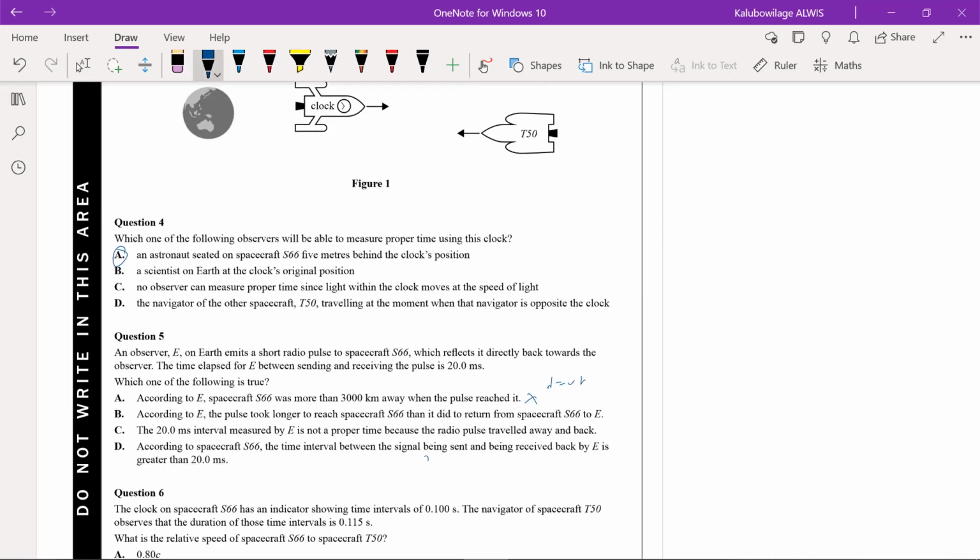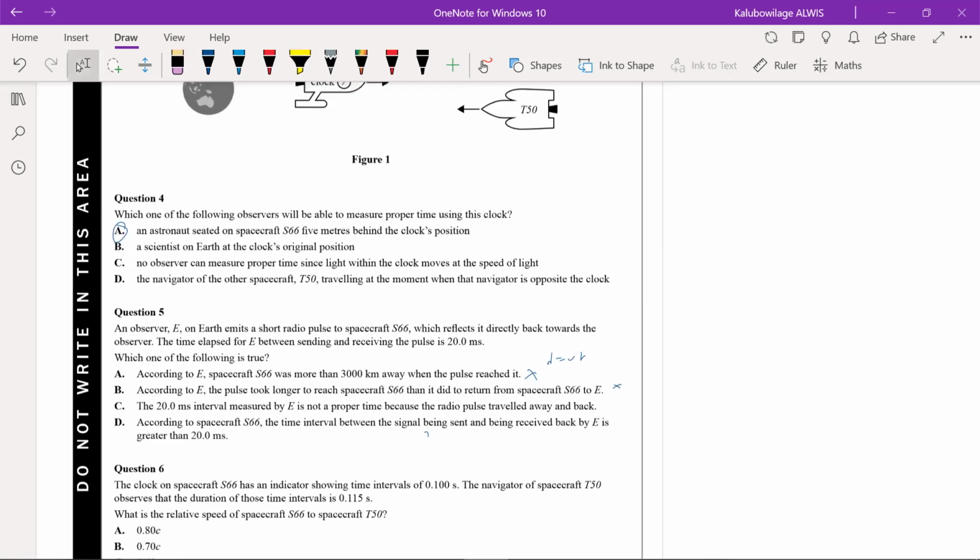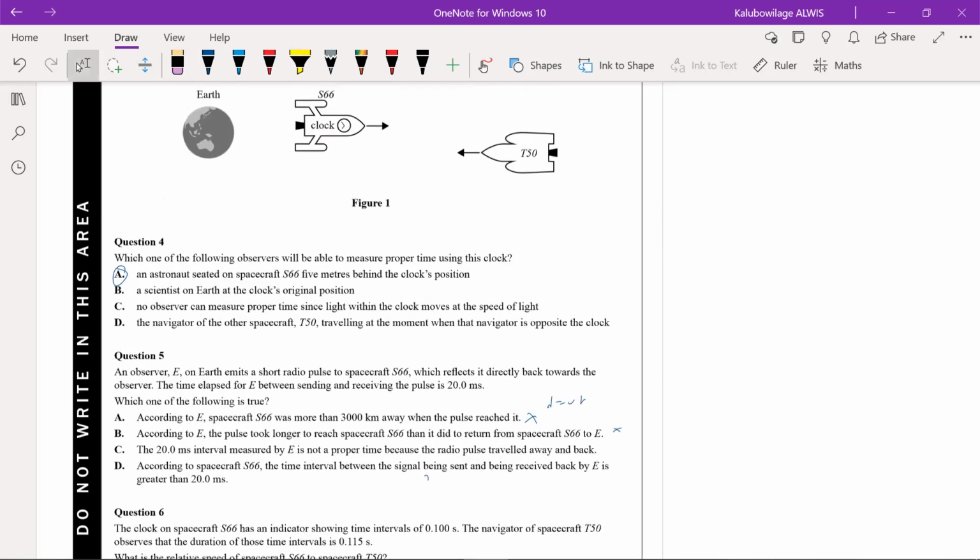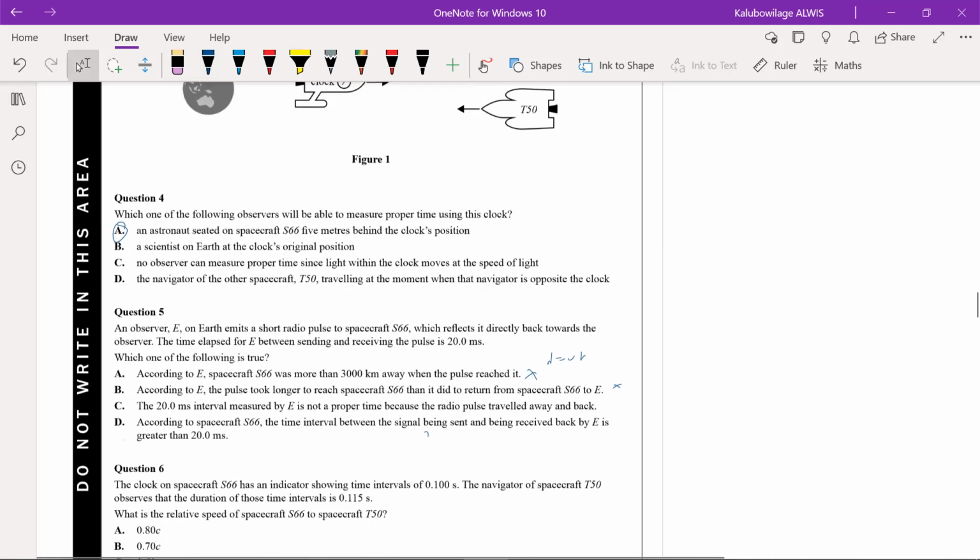No, it's light. The 20 millisecond interval measured by E is not proper time because the radio pulse traveled away and back. That shouldn't affect it. The time between the pulse being sent and being received back by E is greater than 2 milliseconds.